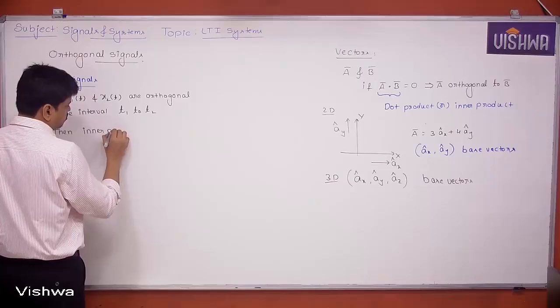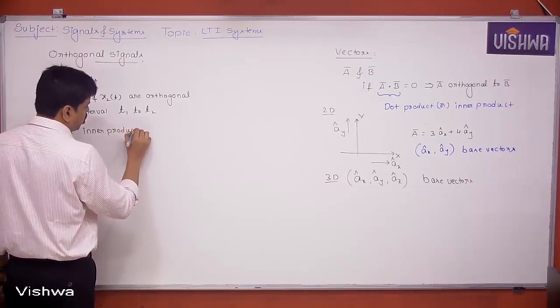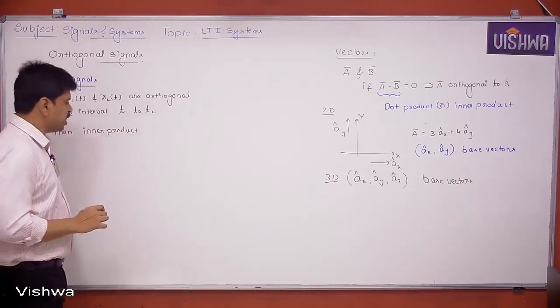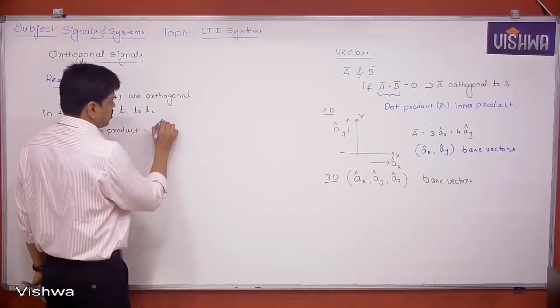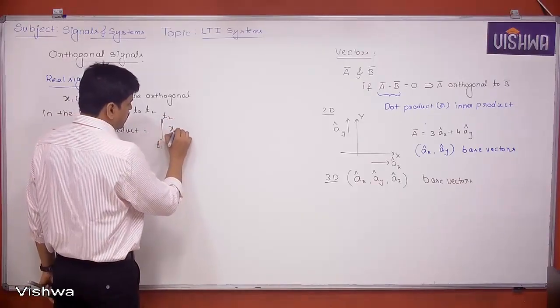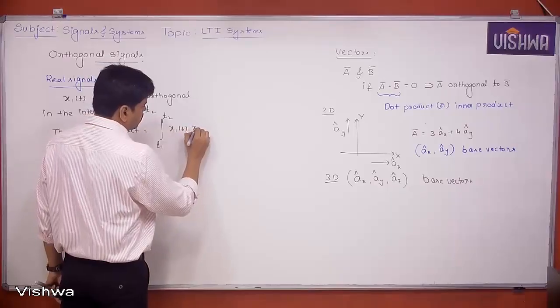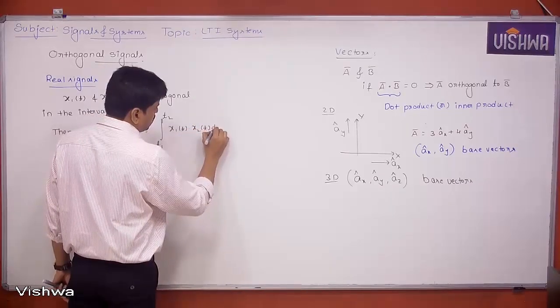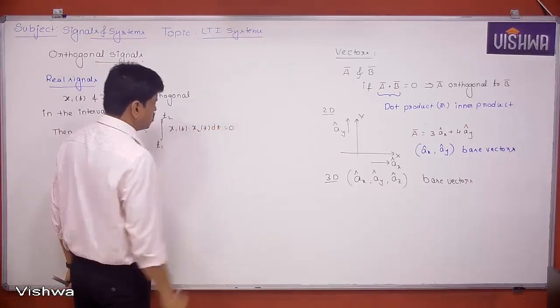What do you mean by inner product in signals? Inner product means integral t1 to t2 x1 of t multiplied with x2 of t dt is equal to 0.